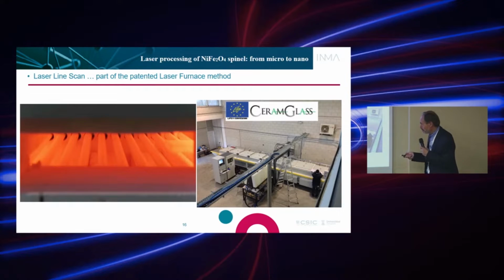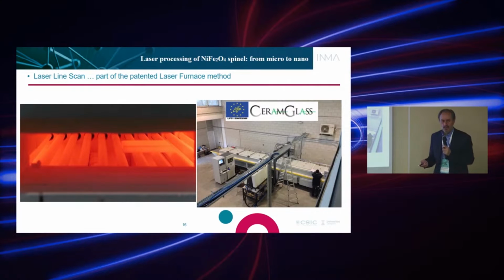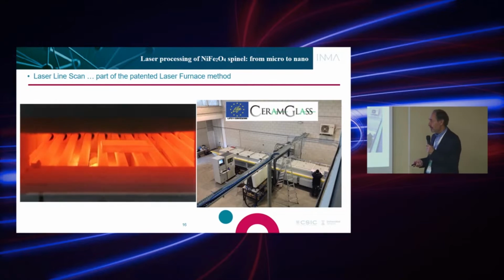And this is typically what you see when you put a sample in the furnace. This is an exaggerated sample because this is a refractory ceramic. Here it's around 900 or 1000 degrees Celsius. And now you will see how extreme the conditions for the surface are when the laser comes in and basically draws a line on the top surface of this ceramic.